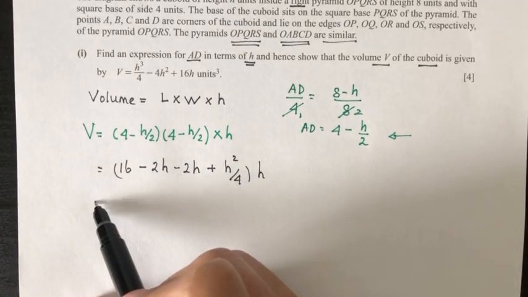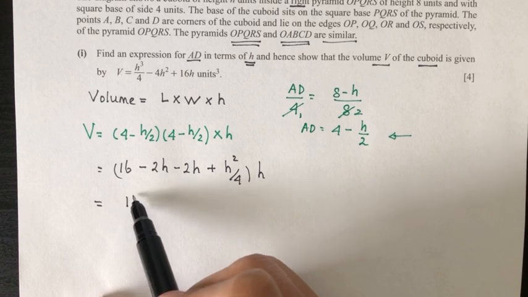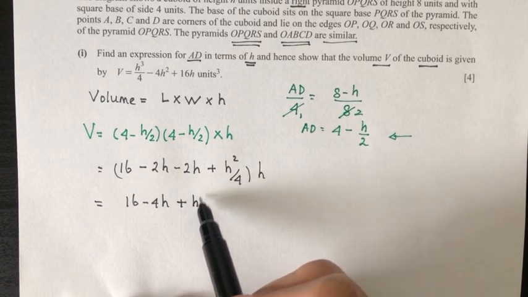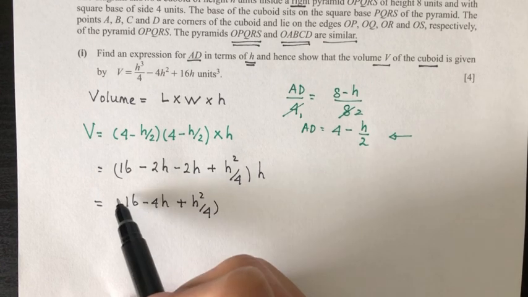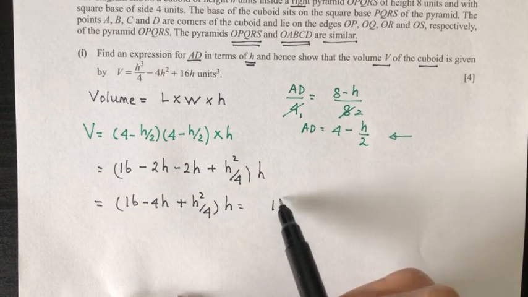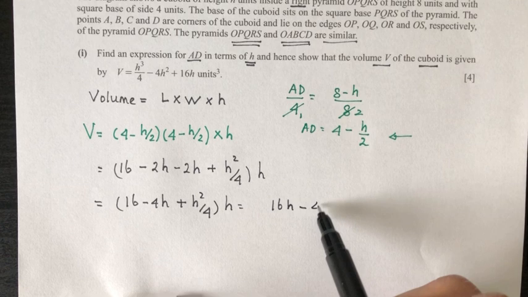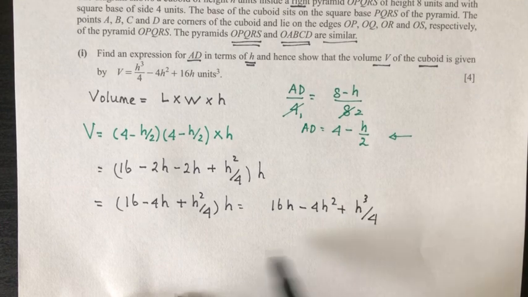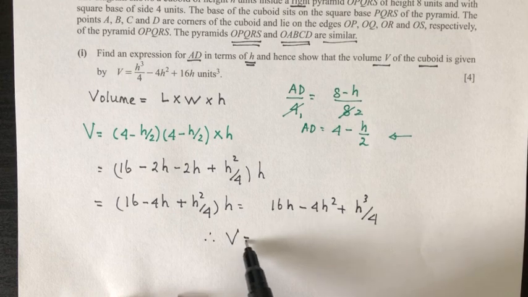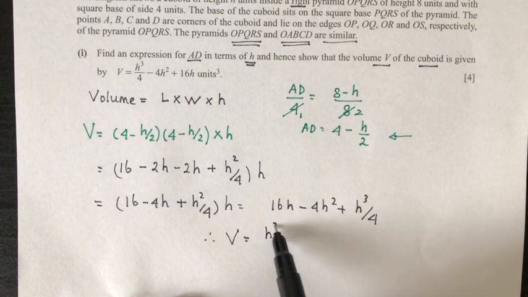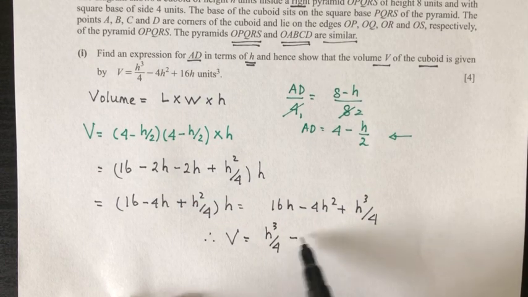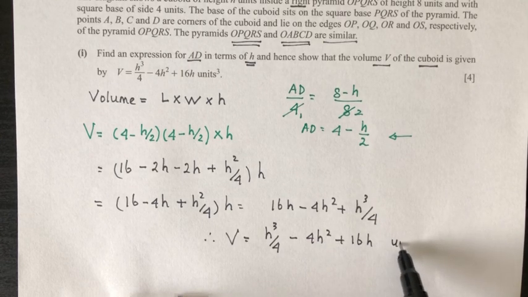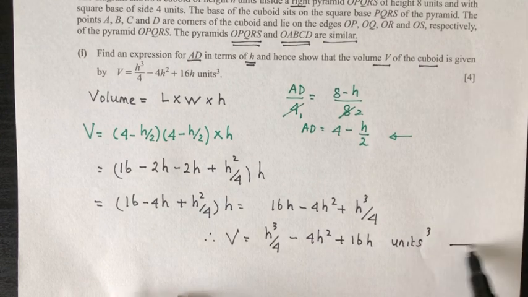Now simplify, that should give you 16 minus 4h plus h squared over 4 times h, and that should give you 16h minus 4h squared plus h cubed over 4. So let's rearrange. Volume V is equal to h cubed over 4 minus 4h squared plus 16h units cube. This is shown as required.